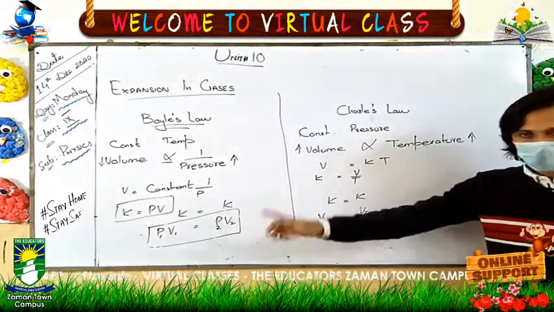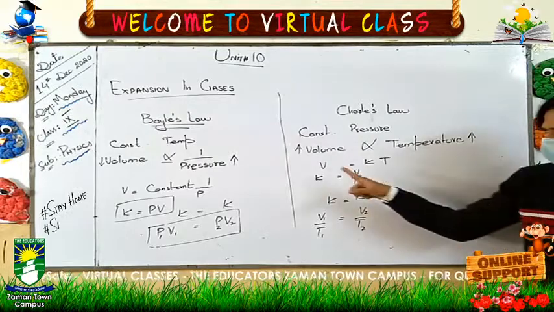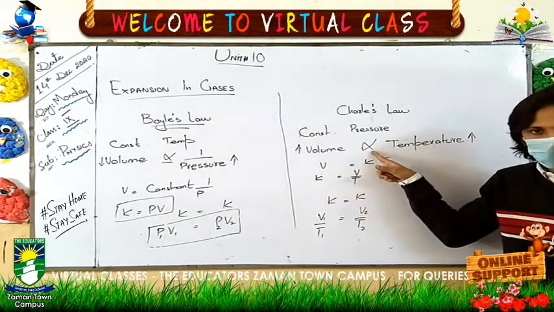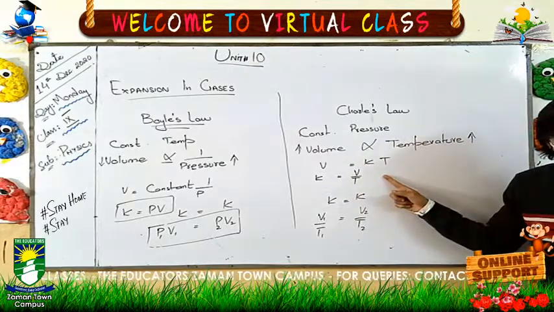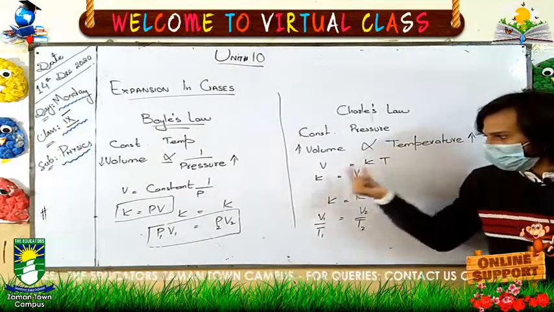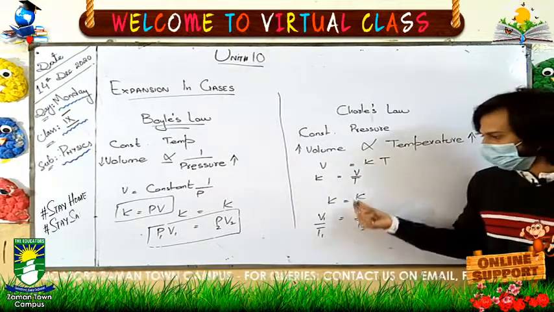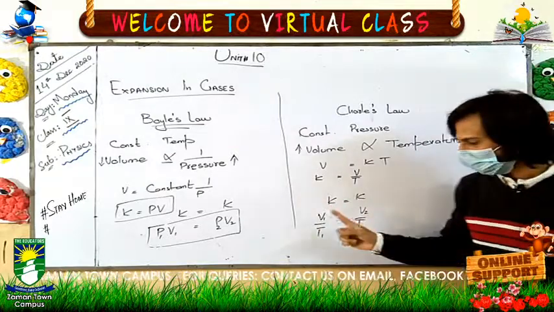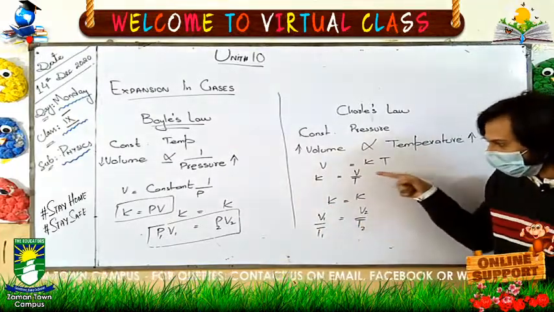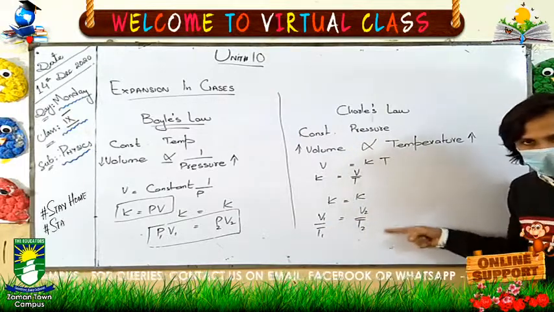Okay, in the same way like I did here, I am doing here V. Now this sign will be replaced by equal and the constant, and this T will remain the same. Okay class, so if I find out the value of K, it will be like V upon T. Now we know that the constant remains the same for the same gas, so K is equal to K. Now at one place I am putting this value, and for this K I am putting this value.